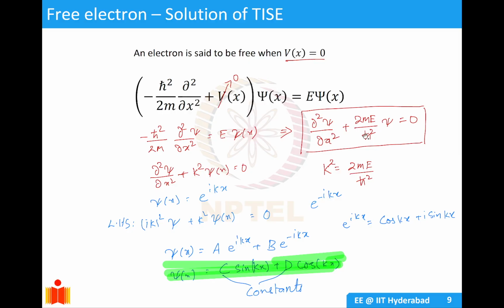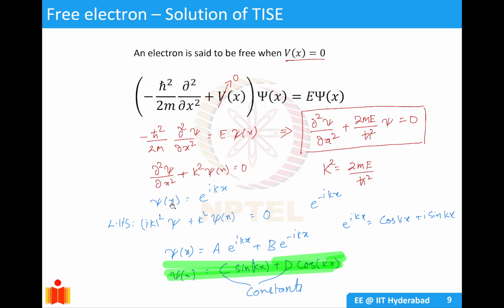And you solve it. We take this on the left hand side, and we multiply it all over. So we get del square psi by del x square plus 2mE by h cross square psi equals 0. We let this be equal to k square. So we get del square psi by del x square plus k square psi equals 0.